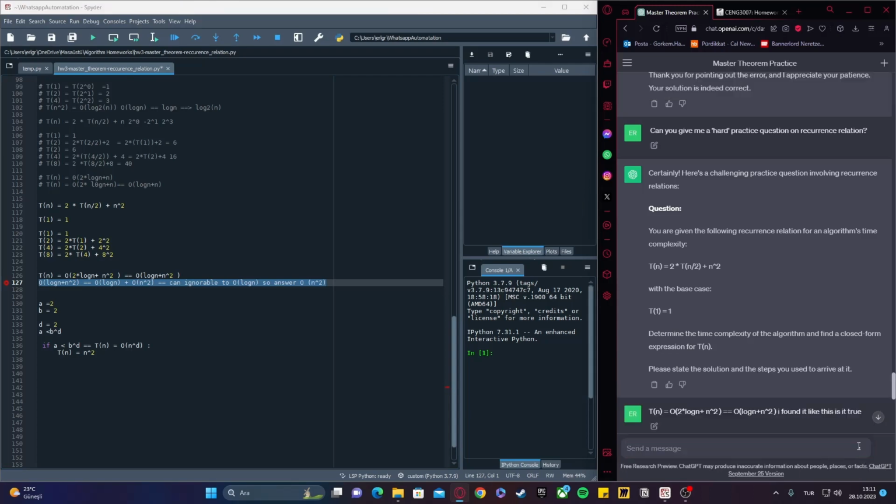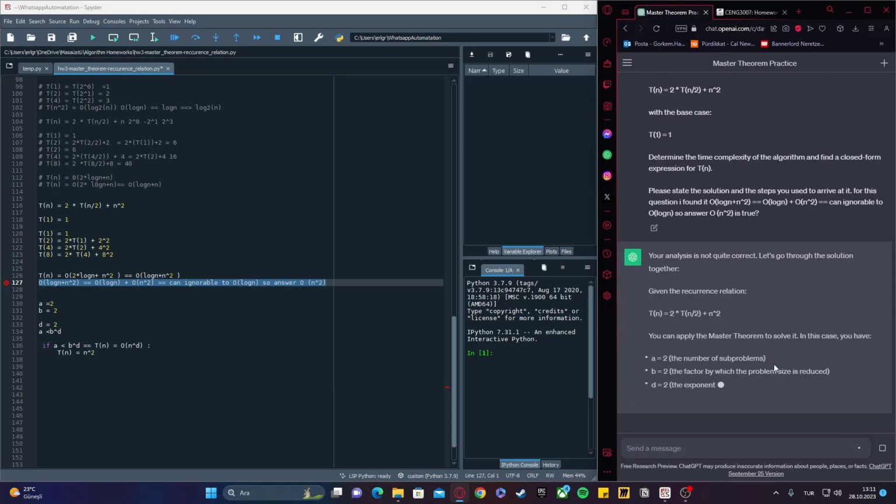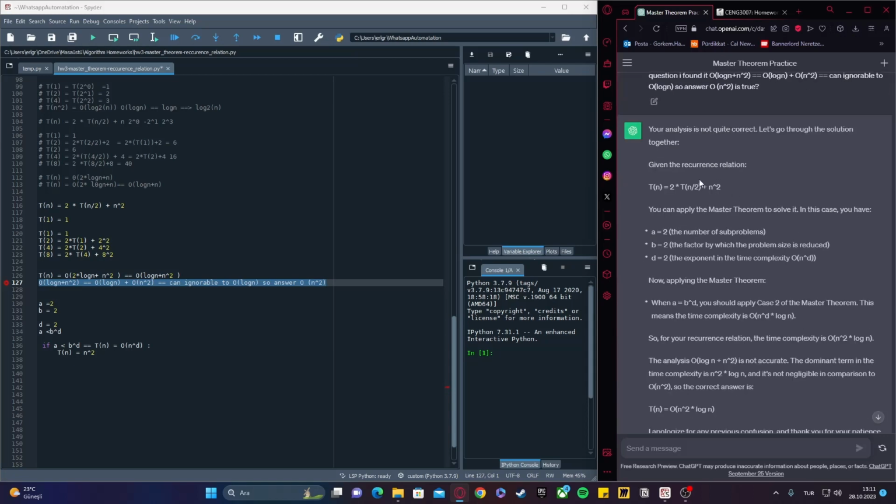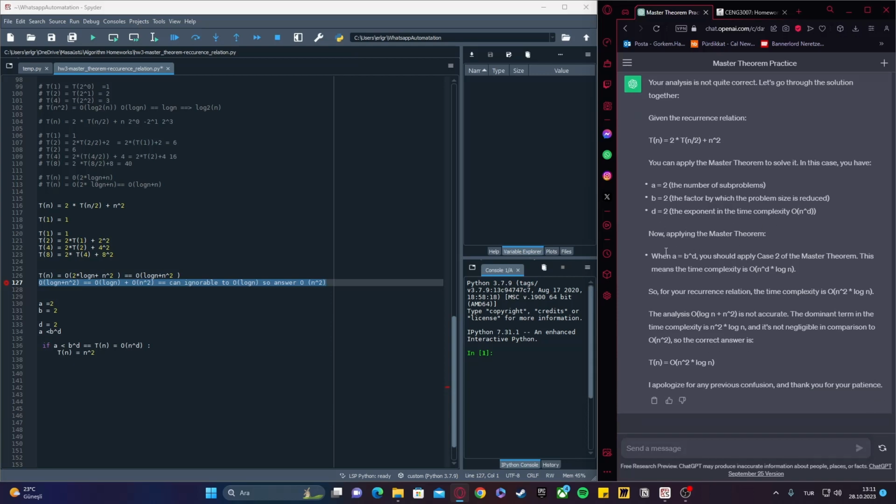And ask it, is it true? Not correct. Not quite correct. Let's go through the solution together. Recurrence, master theorem. You should get its complexity n over 2 plus log n. So the recurrence relation gives time complexity n and log n. Next, the dominant term of the complexity is n, and log n is negligible by comparison with n over 2. It still gives n over 2 times log n.